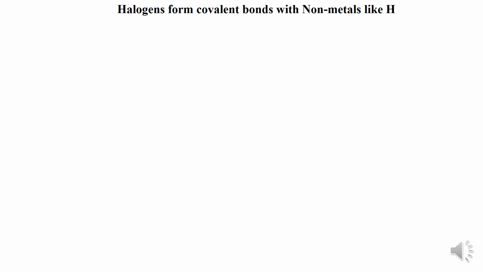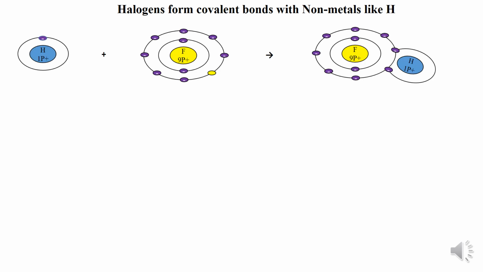Now halogens, as I already mentioned, tend to form covalent bonds with non-metals like carbon and hydrogen. Hydrogen has one electron in its outermost shell, while a fluorine atom has a total of 7 valence electrons.